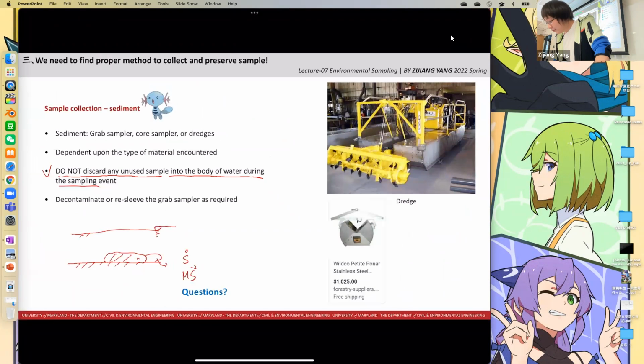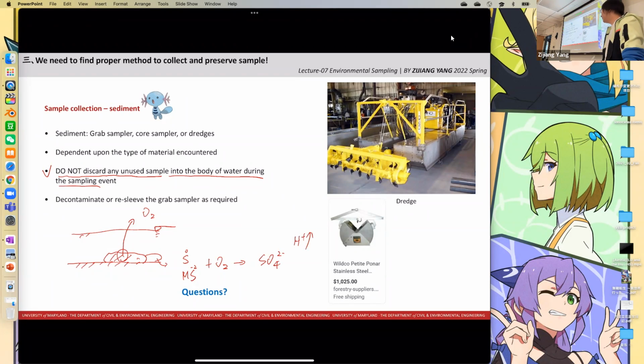When we grab this sediment and put it in the surface water, where we have oxygen, the sulfur meets oxygen and can be oxidized into sulfuric acid. At the same time, the H+ will increase, so we will add acidity to the water body.